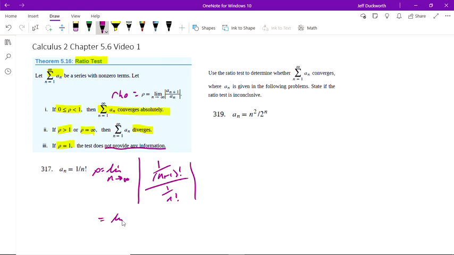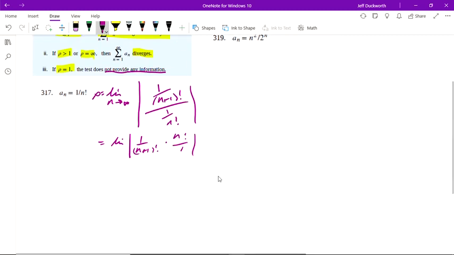Well, that equals the limit of 1 over (n plus 1) factorial times n factorial over 1, because we're dividing, so we're multiplying by a reciprocal.